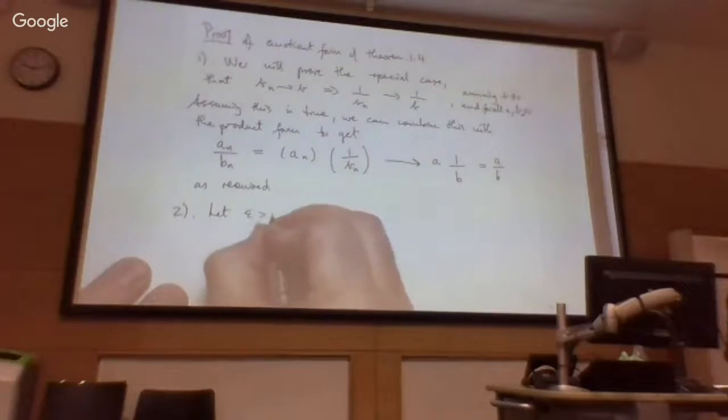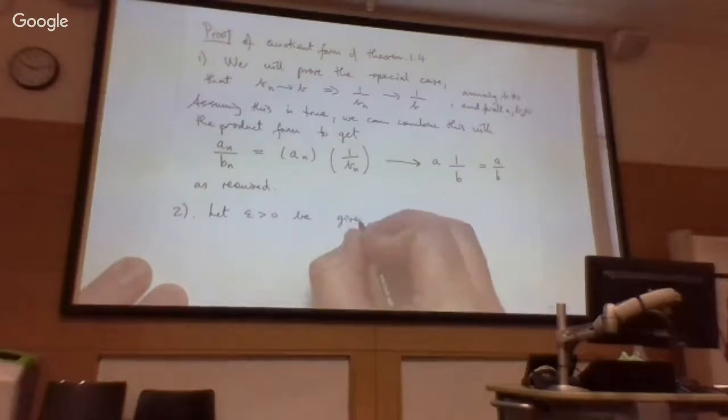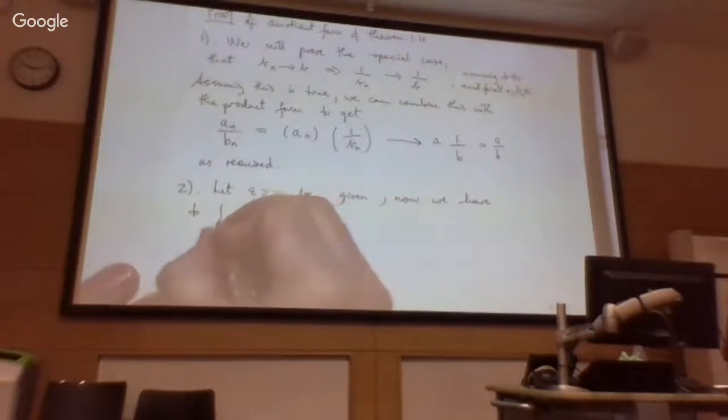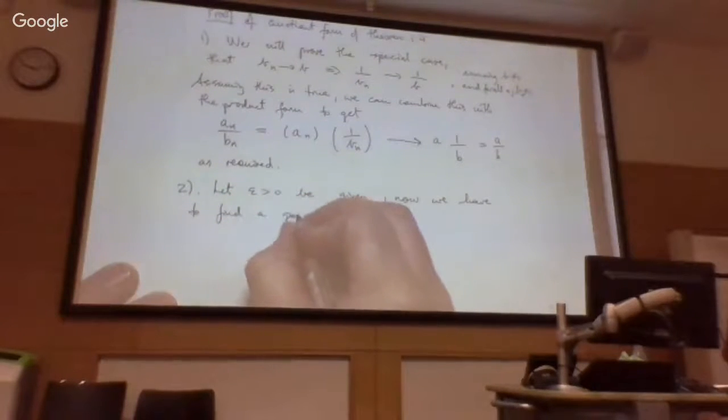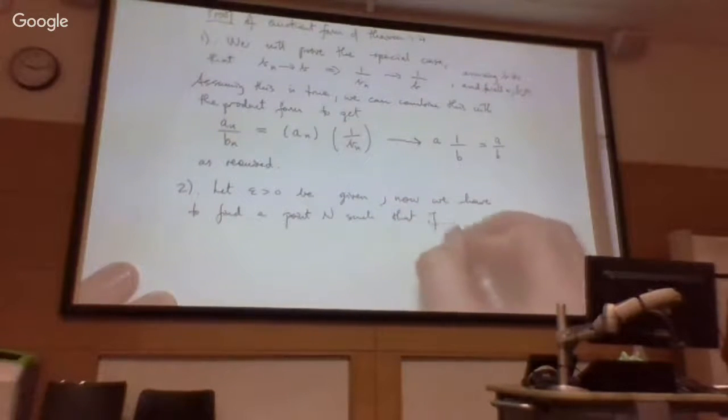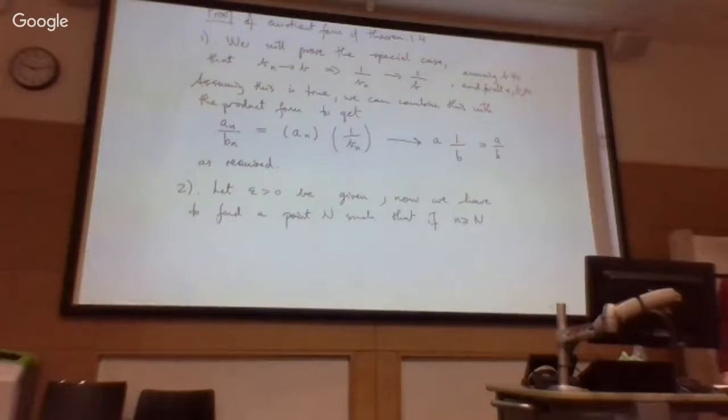So if we let epsilon greater than 0 be given, now this is the work our proof has to do: we have to find a point capital N such that, I'm really only just copying out what's written there, such that if little n is bigger than or equal to this point, capital N, then 1 over Bn, the distance between the sequence element and the limit, is less than that given epsilon.